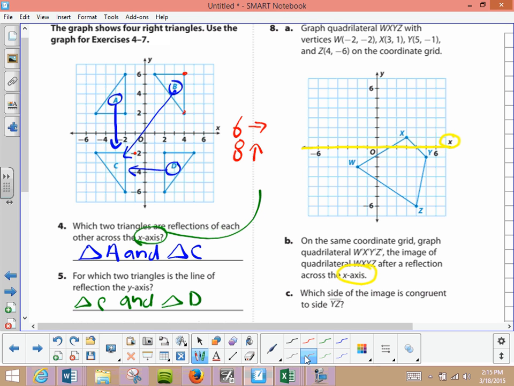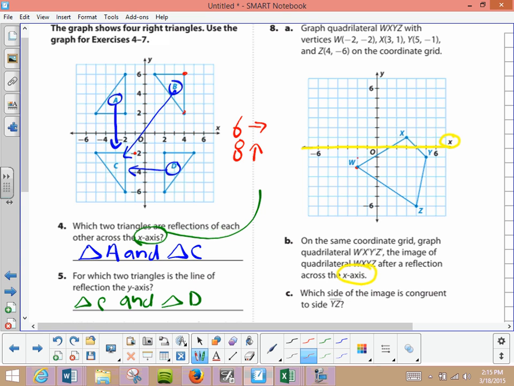Okay, I see what you did. What is the more precise way of doing it? An easier way. We're not translating, we're reflecting. Exactly. Count the points actually away from the x-axis.